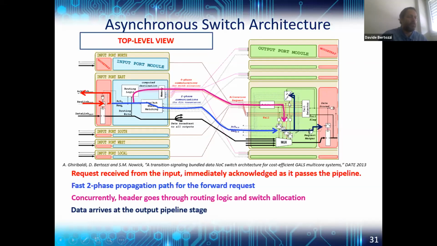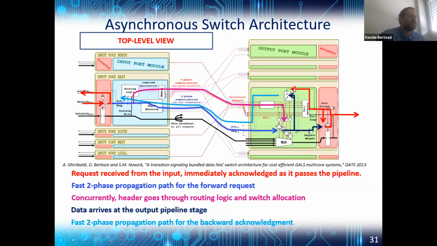And when the port is granted, the head flit goes through, and the request signal as well, until it is stored into the output mousetrap stage. At that point, the request is propagated backwards, and it becomes the fast two-phase propagating path for the backward acknowledgement. So propagation here is really fast because it's mainly based on a two-phase handshaking protocol. And once the acknowledgement is received, then the input stage can admit another flit into the game.